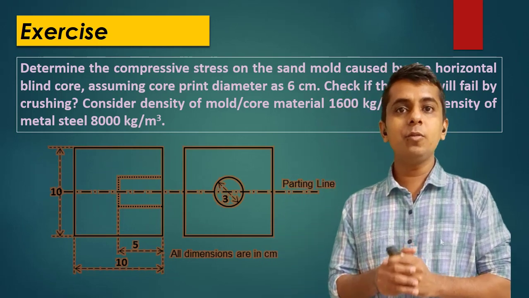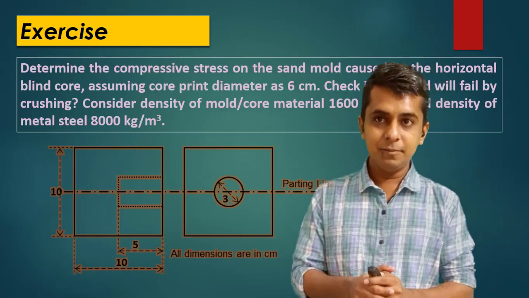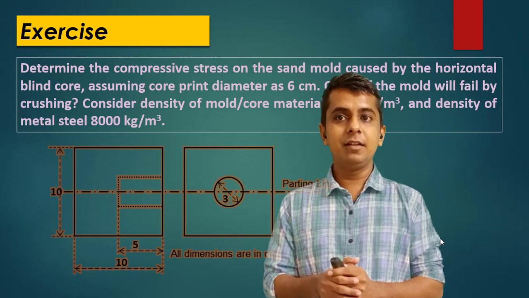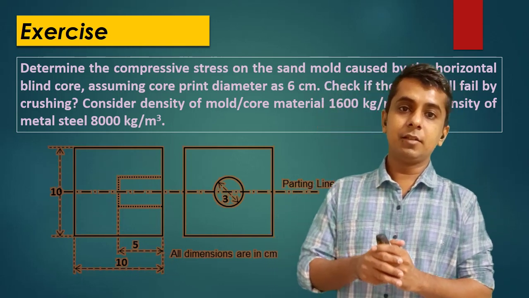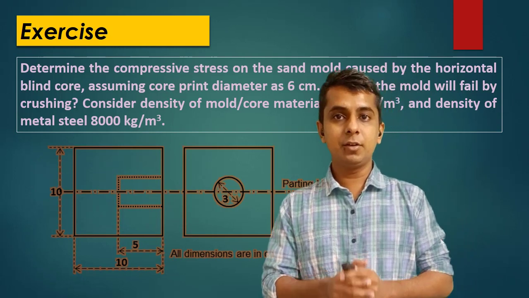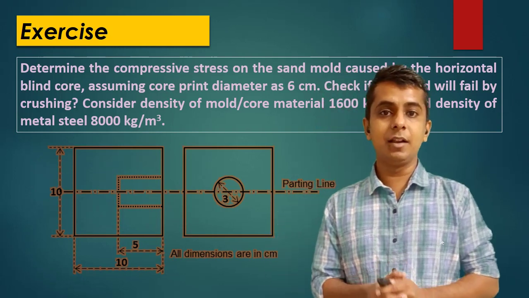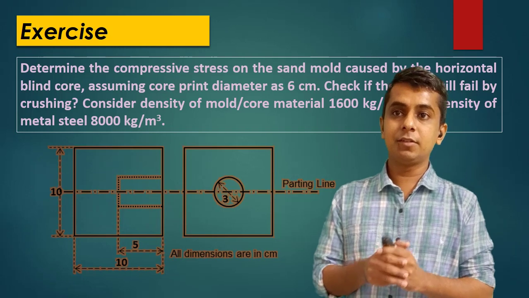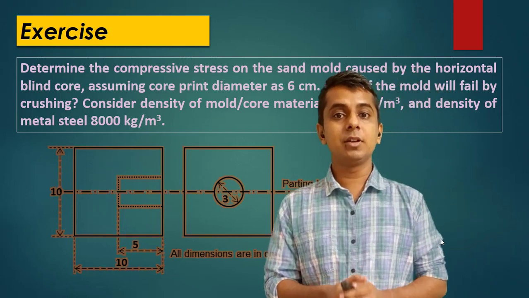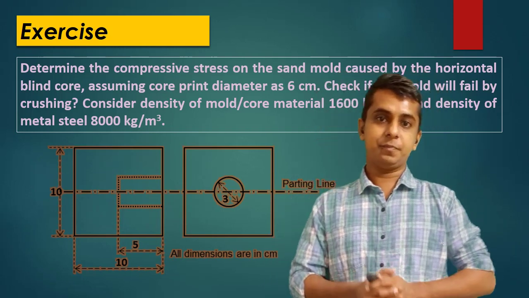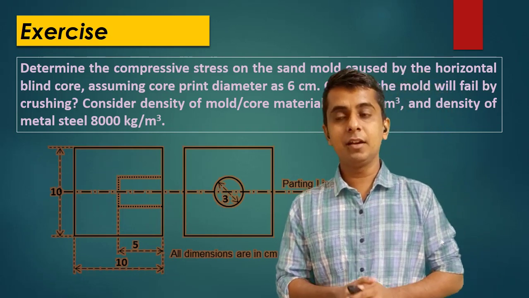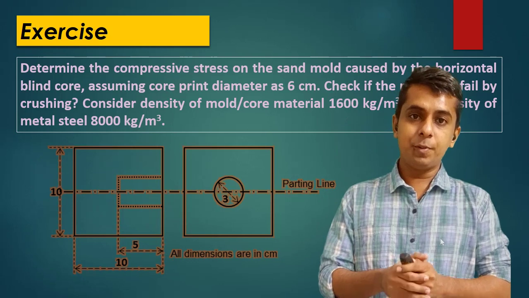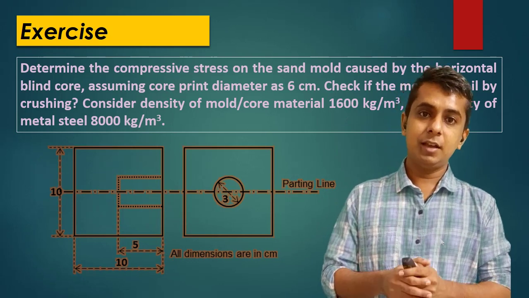Check if the mold will fail by crushing. Consider the density of mold core material as 1600 kg per meter cube, and the density of metal, here steel, as 8000 kg per meter cube. So how to design core and core print for this case?